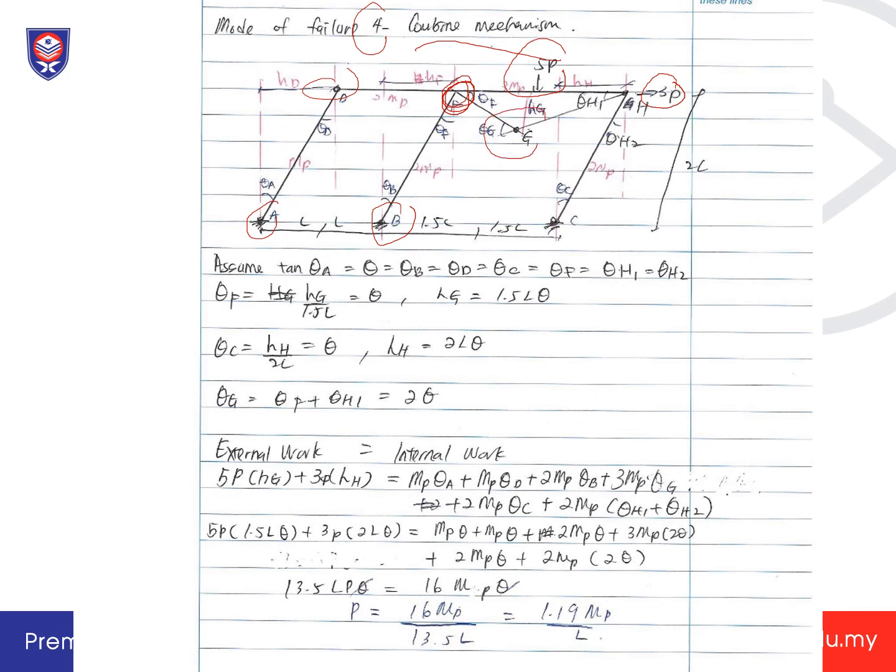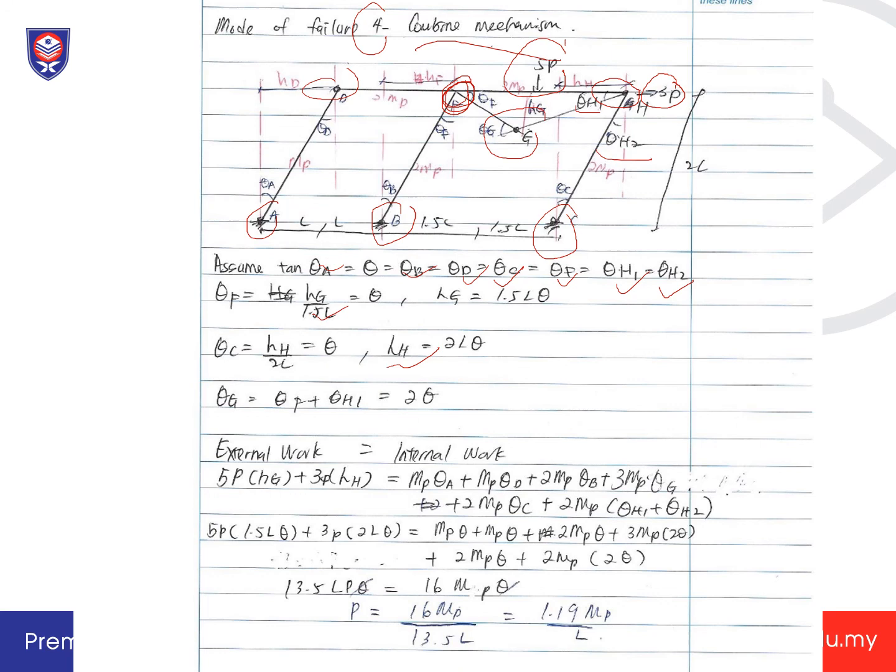Then you will have an MP at G, which is caused by this 5P, and then you will have an MP at H and also MP at C. So after you obtain all the theta A, B, D, C, and H1 and H2, here is H1 and here is H2, you obtain the HF and also the HG.